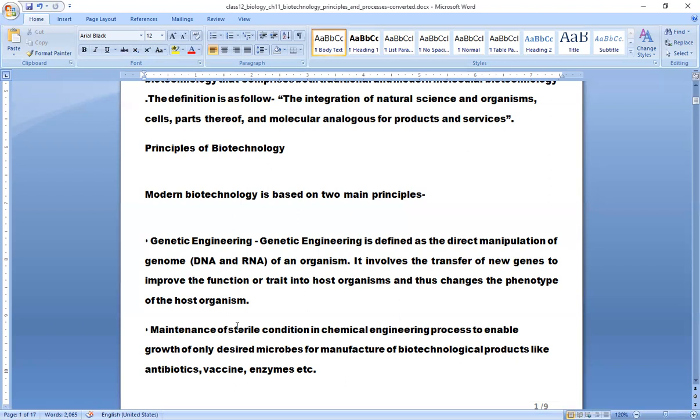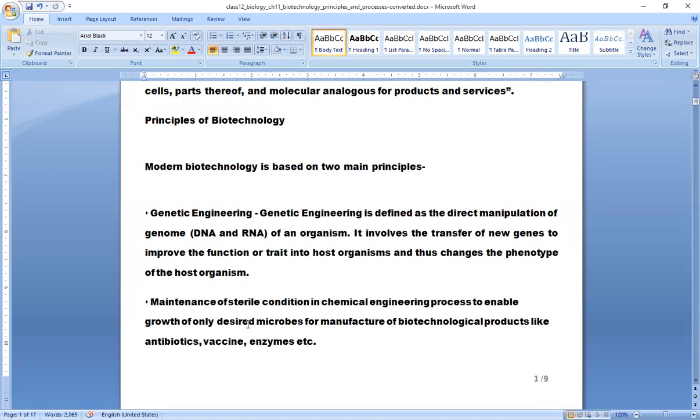The second principle is the maintenance of sterile conditions in the chemical engineering process to enable growth of only desired microbes for manufacture of biotechnological products like antibiotics, vaccines, enzymes, etc., right?